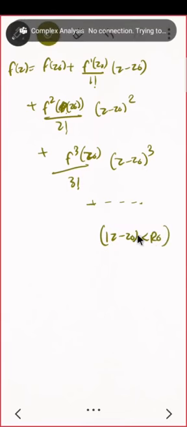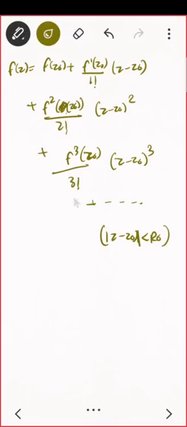This is the condition you have. Correct. This is your Taylor series.